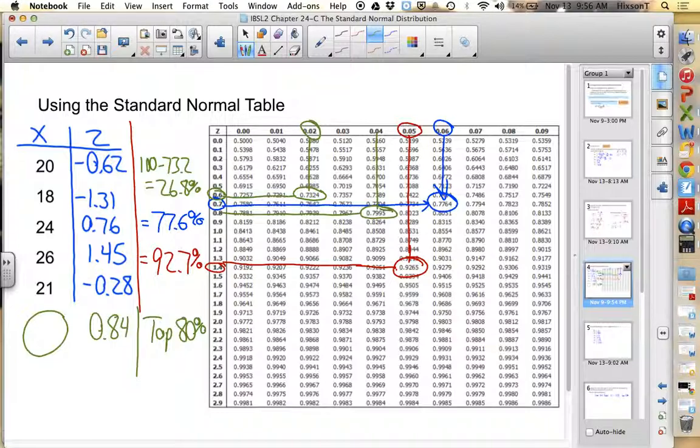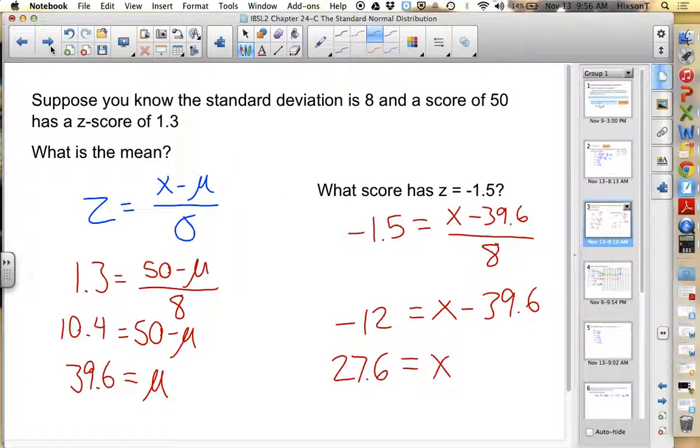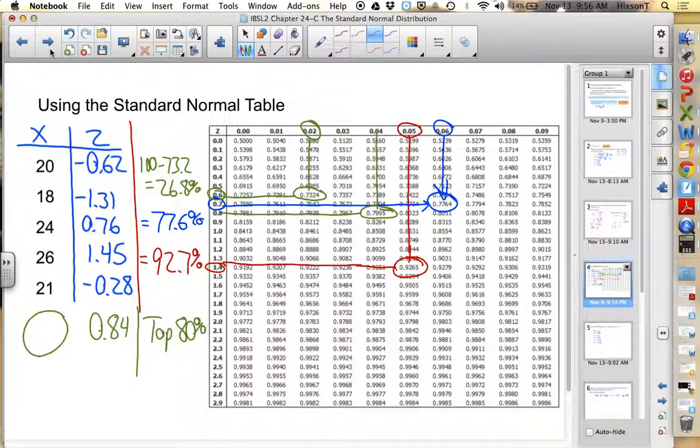Now, if we go back and use the mean and standard deviation we had before, 21.8 and 2.9, x minus 21.8 over 2.9 is going to equal 0.84. You guys can figure that out.